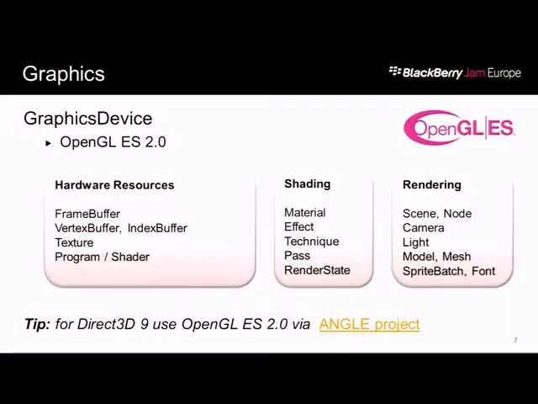And then the effects are really a mechanism for just keeping a handle to the program, and materials deal with the parameters that get set on the individual object. So materials are typically one per object. They're not really shared, whereas effects and techniques are programs. They usually keep handles onto data in the hardware resources.